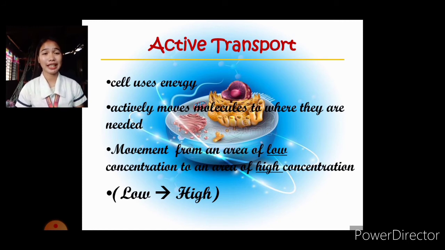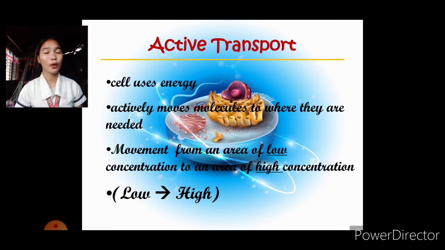The movement of molecules here is different. It is moving from an area of low concentration to an area of high concentration. So it is the reverse of passive transport. It is from low to high.